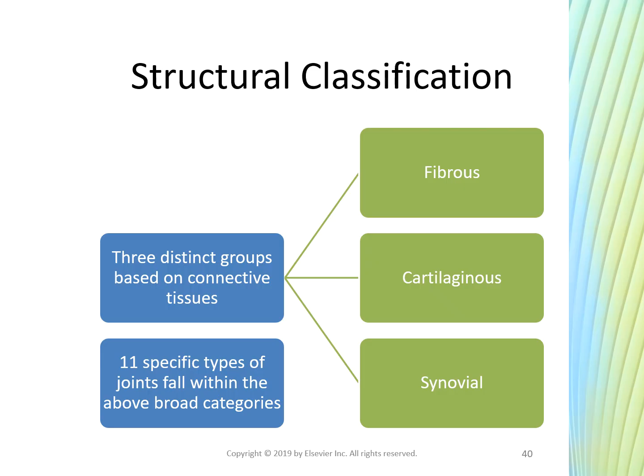So all synovial joints are diarthrotic joints, because that's the point of having the fluid-filled synovial space, is to enable motion. Okay. Now, there's 11 specific types of joints in these three general categories: fibrous, cartilaginous, and synovial.